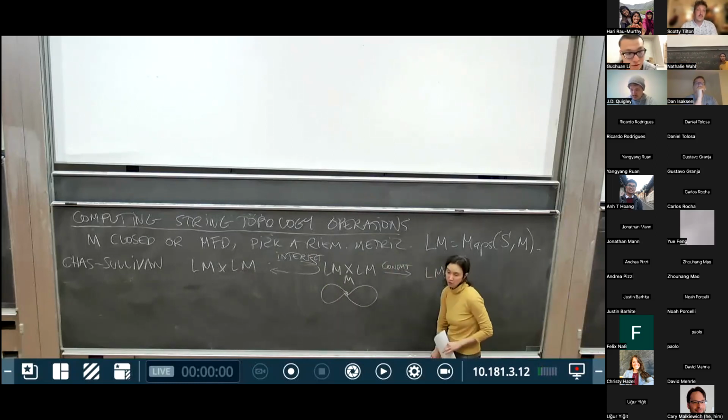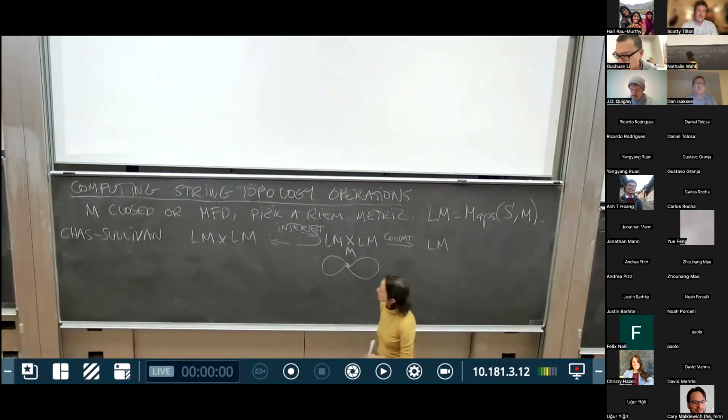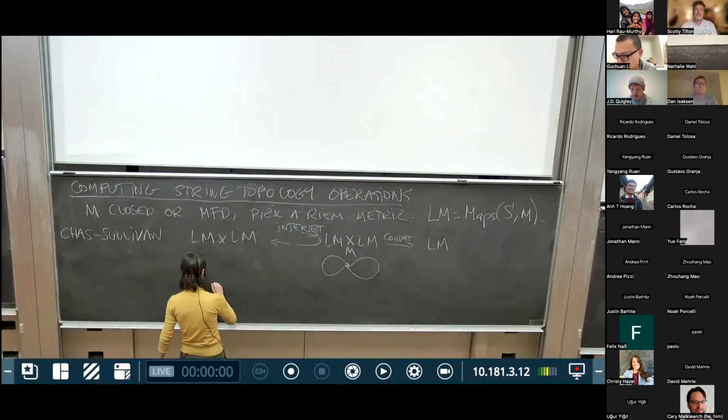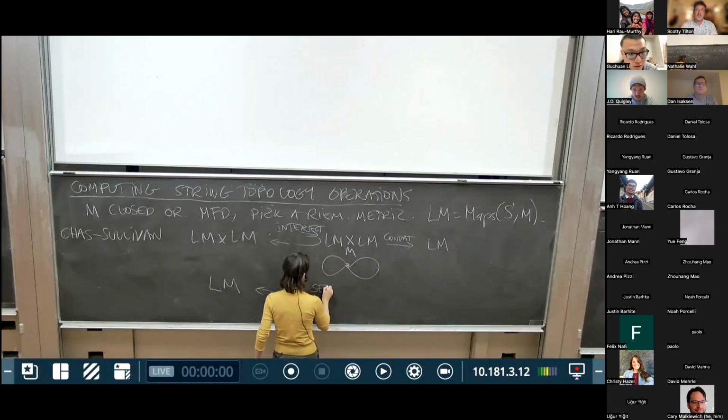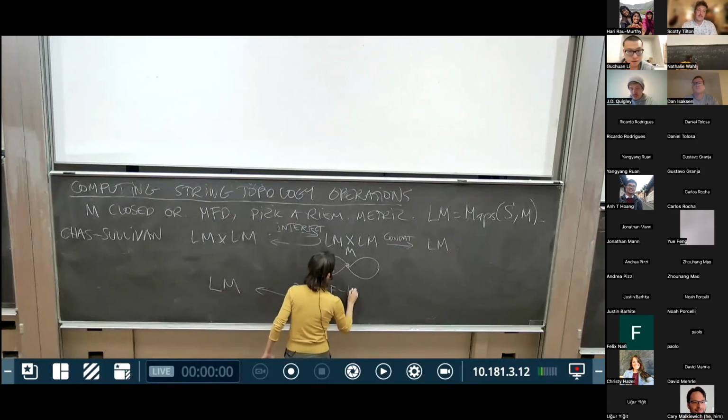And then maybe you could also do this starting with a single loop, reinterpreting the same image by saying, well, this is now a self-intersecting loop.